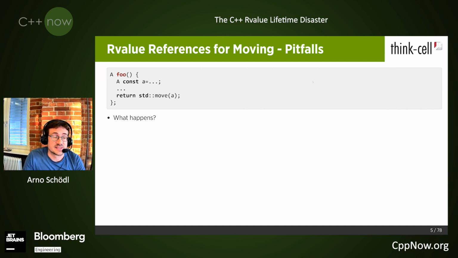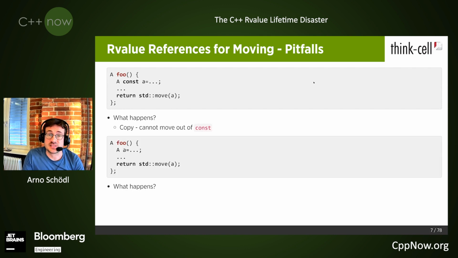So let's say that variable is const, and in order to be efficient, we will try to move it when we return. Now, as many of you probably know, this doesn't work because you cannot move out of a const object. So let's try to remove the const and see if things get better. And indeed, they will get better. You will avoid the copy and you will get a move, but we can actually do better than that.